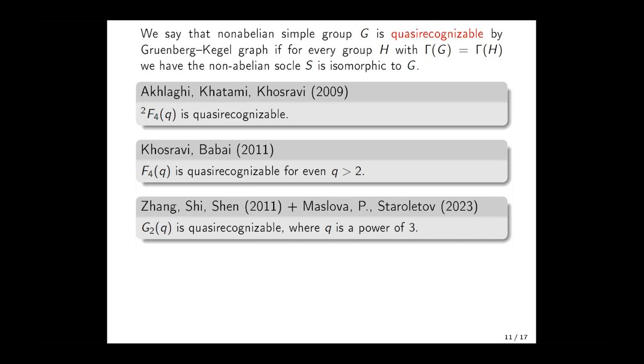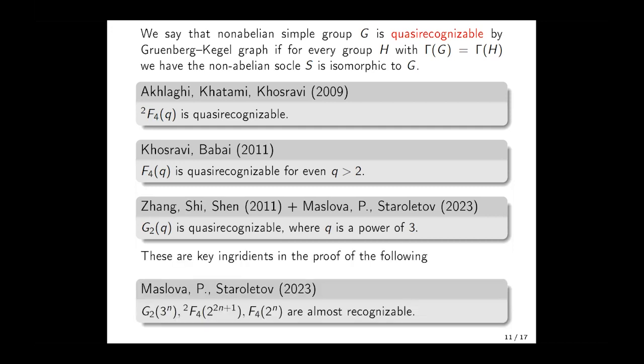Nevertheless, we prove that G2(q) is quasi-recognizable, where q is an even power of 3. So we obtain quasi-recognition in the general case. And in all these cases, we were able to show that the solvable radical is trivial. This is the second arrow of the general method. And therefore, we instantly obtain the almost recognizability of these groups.